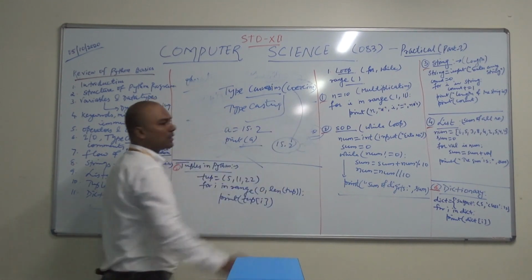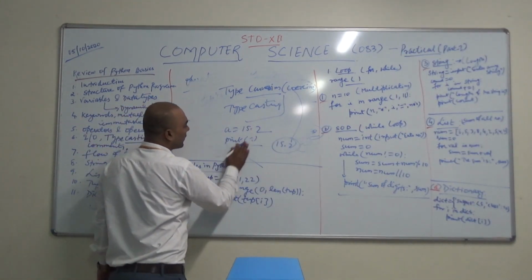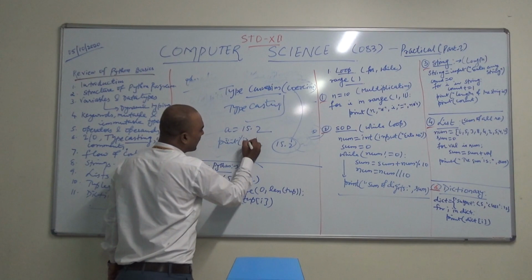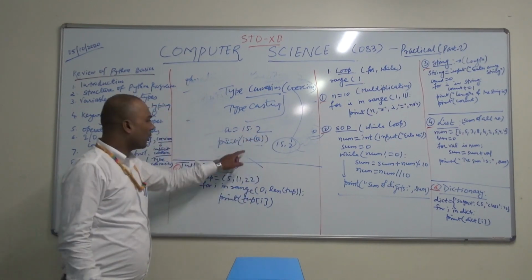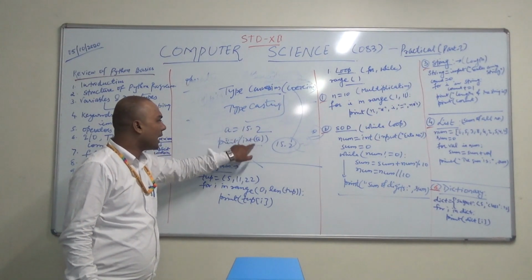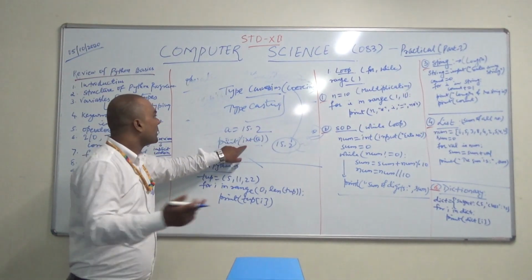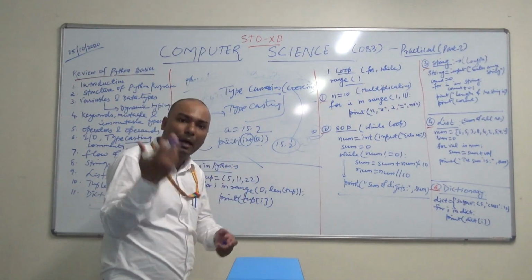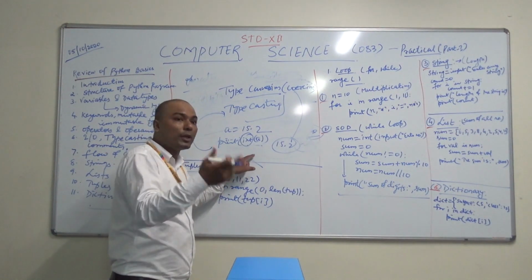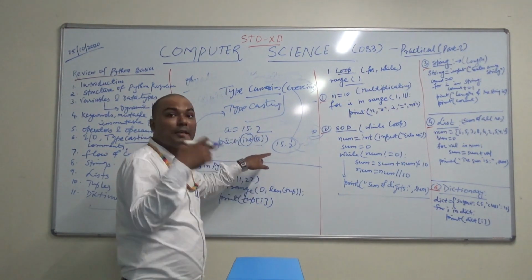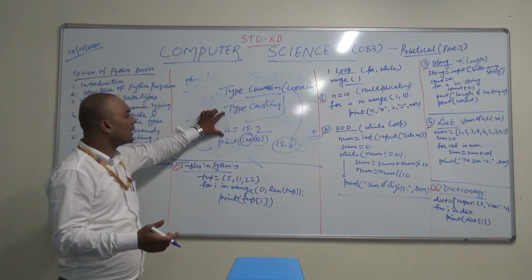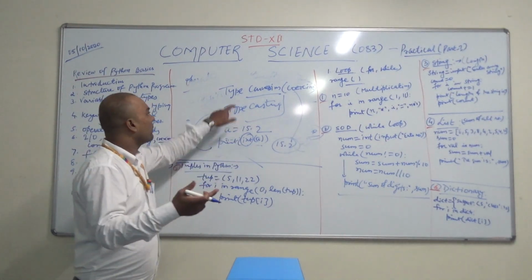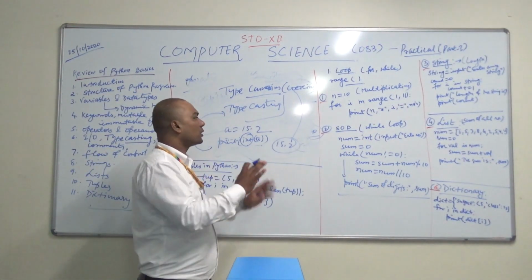That means this is a part of coercion. But if the user writes print, then int, and then A, we can see that this 15.2 has been converted to an integer. That means in typecasting, the int data type has been given by the programmer forcefully to convert the value to an integer. So typecasting is not automatic, it is done forcefully, but type conversion is done automatically. There is no conversion needed from the user.